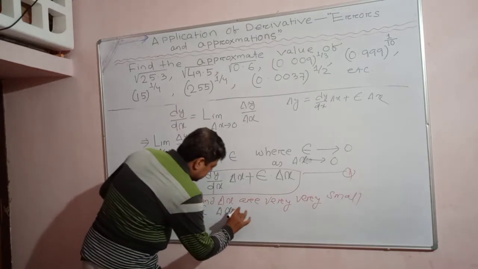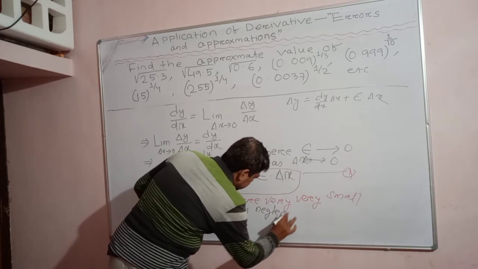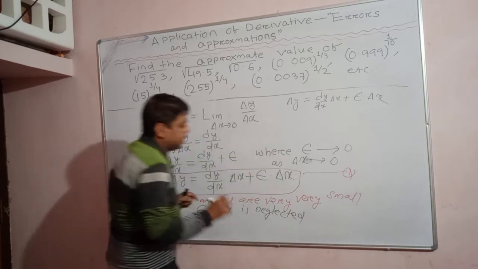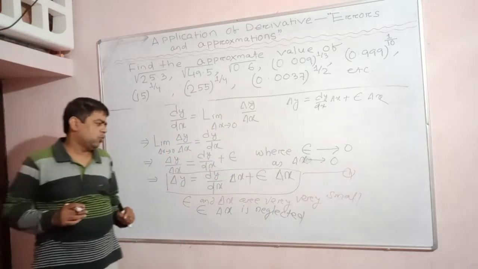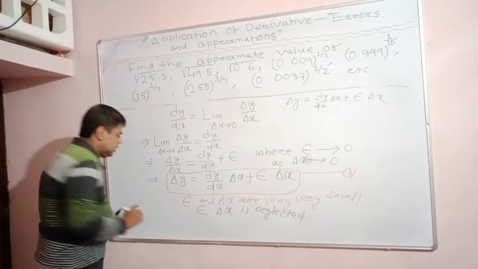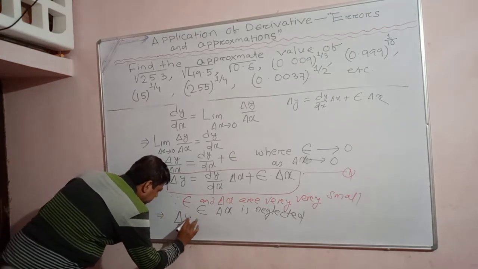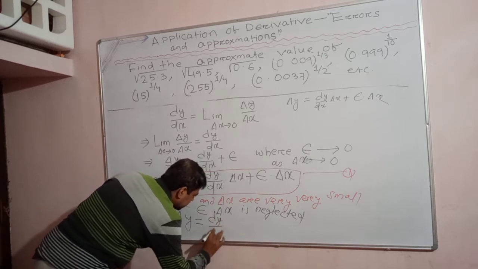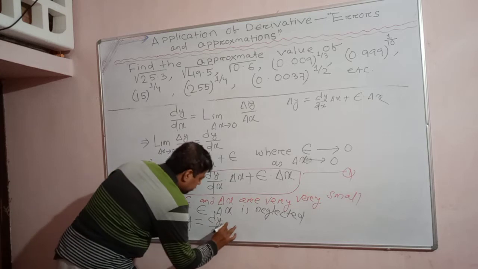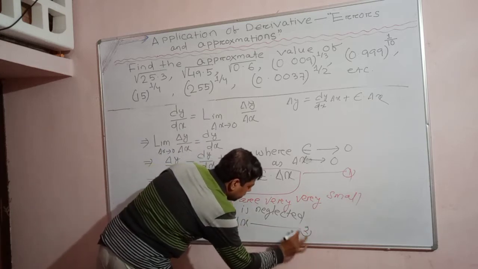Epsilon into del x is neglected because of the negligible, very small value. So finally we got del y is equal to dy by dx into del x. This is equation number 2.